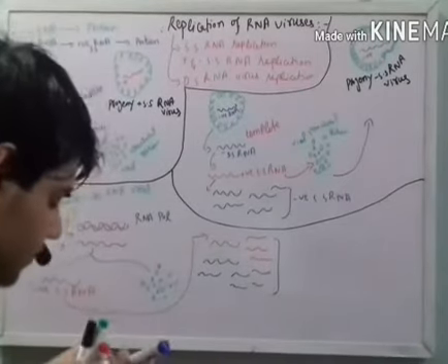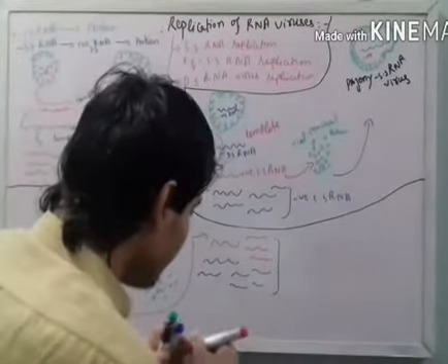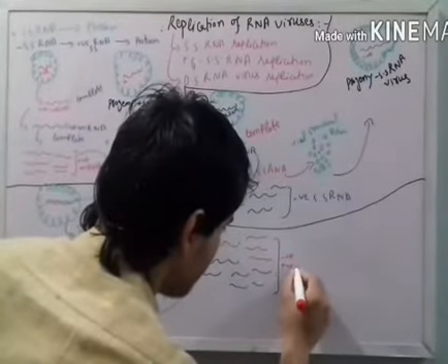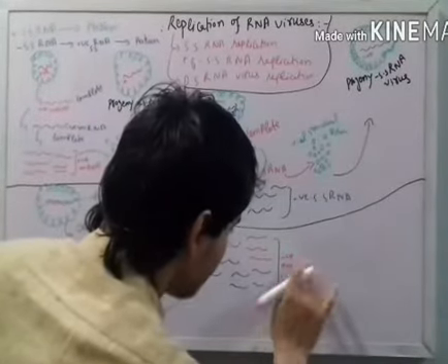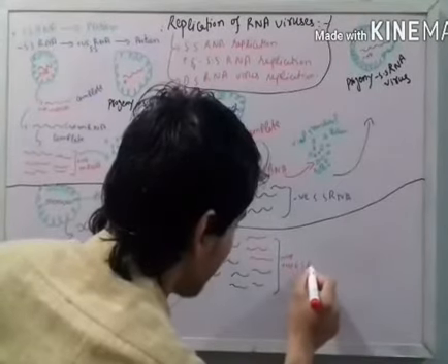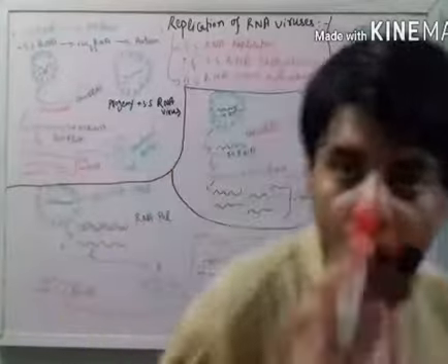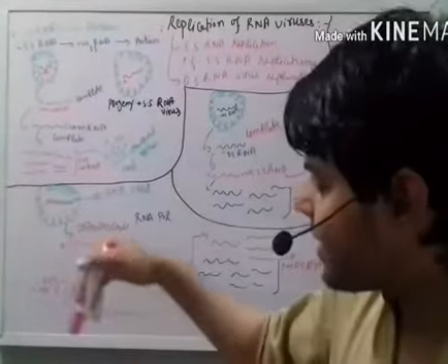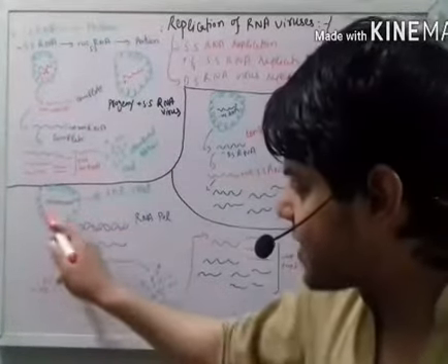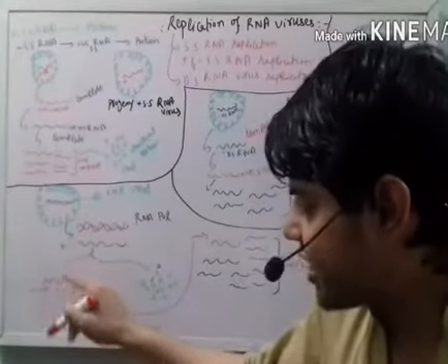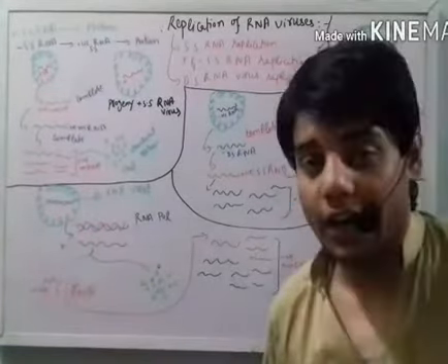We get negative and positive single-stranded RNA. Fine. What we see in this double-stranded RNA replication: first they release the double-stranded RNA as genetic material.